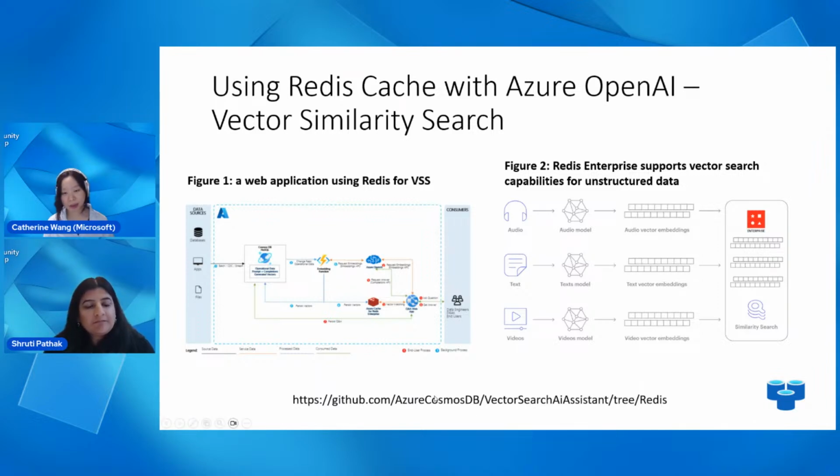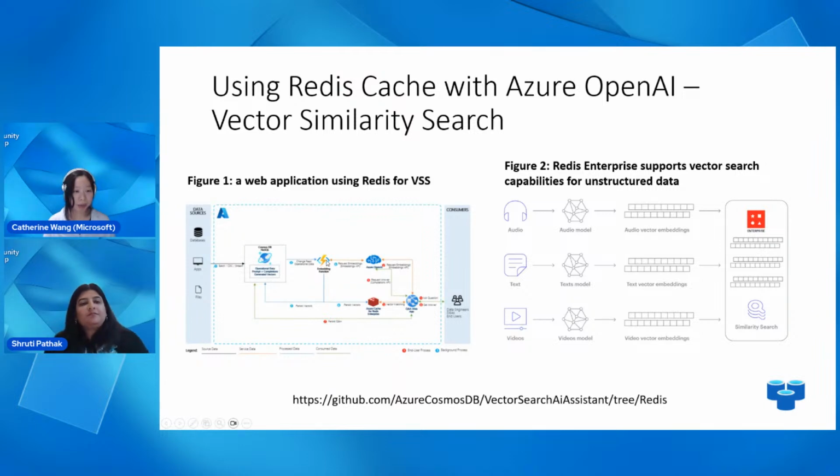We have a reference application for it. It's a web app calling OpenAI, and there are Cosmos DB and Redis Cache for saving the data and the vectors, and an Azure function for processing. So the flow goes like this: you upload the data, say thousands of text files of customer feedback, into Cosmos DB.